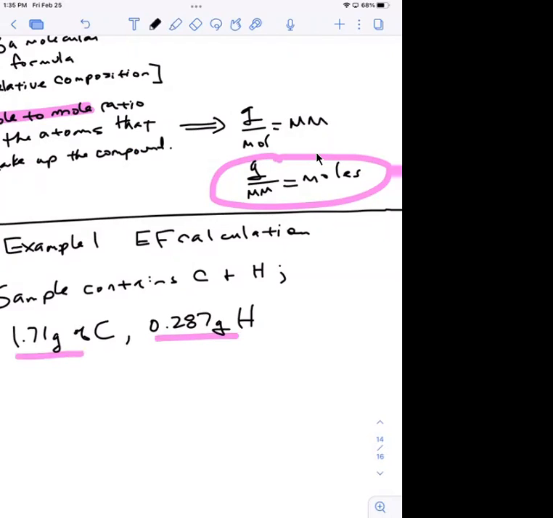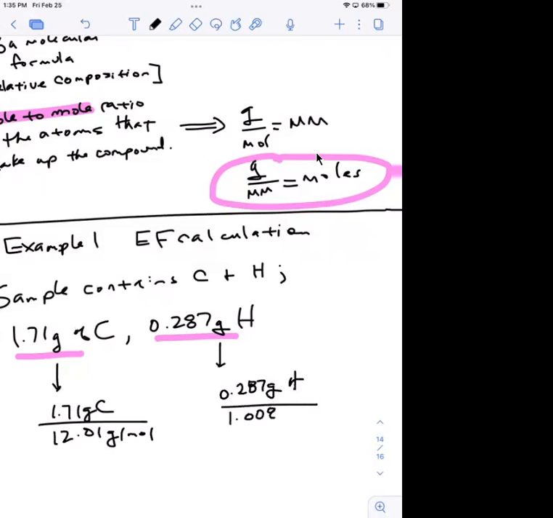So we have 1.71 grams of carbon, and we're going to divide that by carbon's molar mass, or atomic mass, which is 12.01 grams per mole. And then we're going to do the same thing with hydrogen: 0.287 grams of hydrogen divided by 1.008 grams per mole.